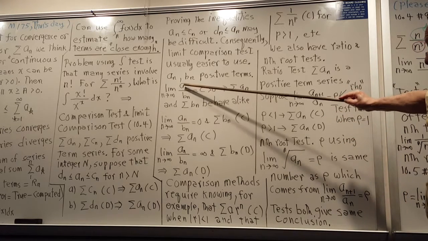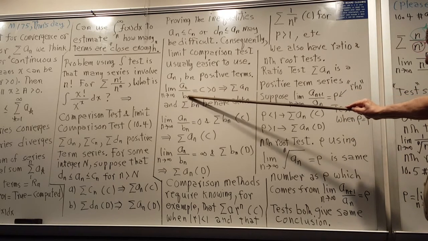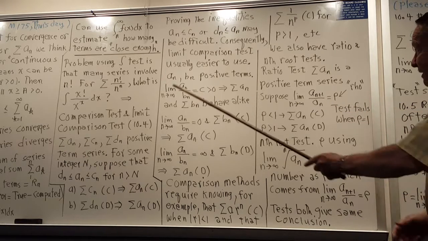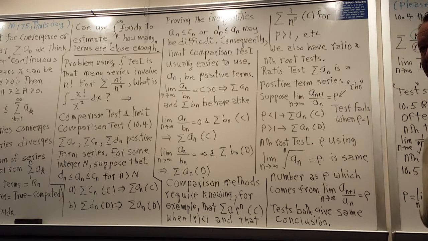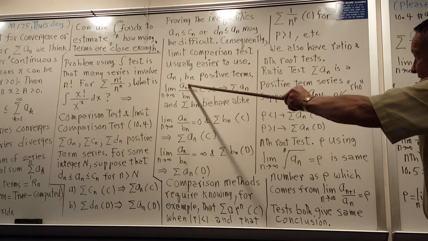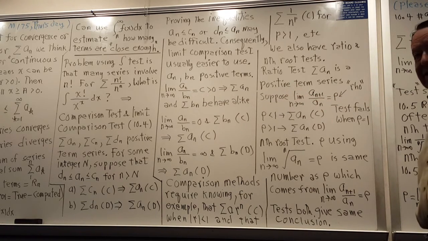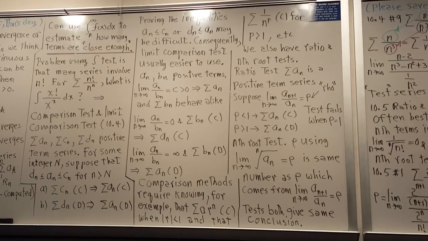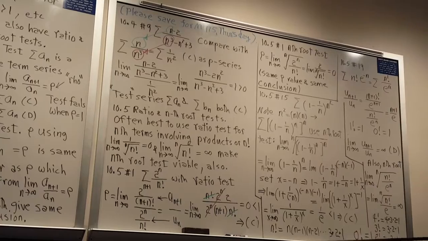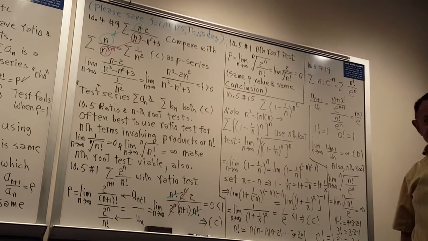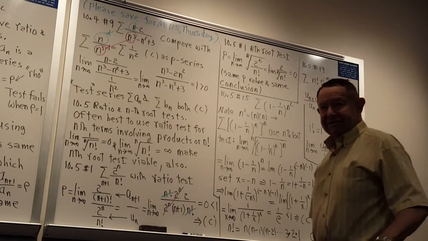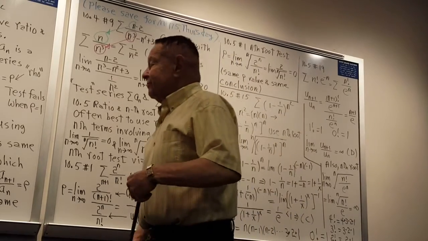The series you're testing and your comparison series either both converge or they both diverge. It's generally easier to take a limit of a quotient like this because, if it doesn't involve factorials, you can do L'Hopital's rule. Another thing about factorials, you cannot integrate them, and you also can't do their derivatives.